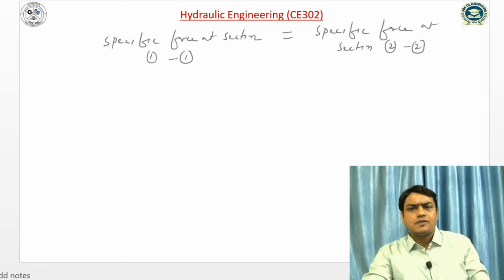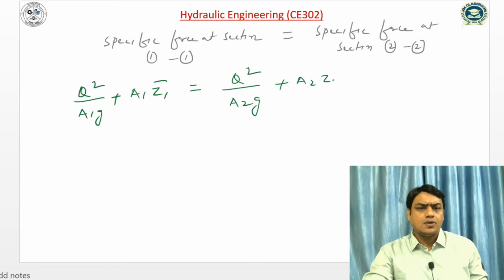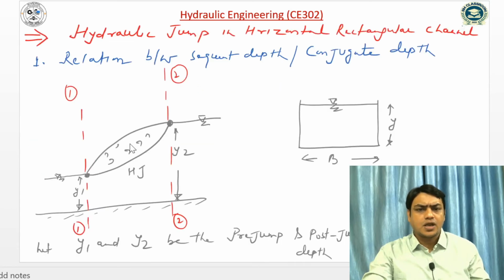We can write the specific force at 1 as Q square by A1g plus A1 Z1 bar, equal to Q square by A2g plus A2 into Z2 bar. Or we can write Q square divided by b into y1 into g plus b into y1 into Z1 bar. For a rectangular channel, Z1 bar is y1 by 2.